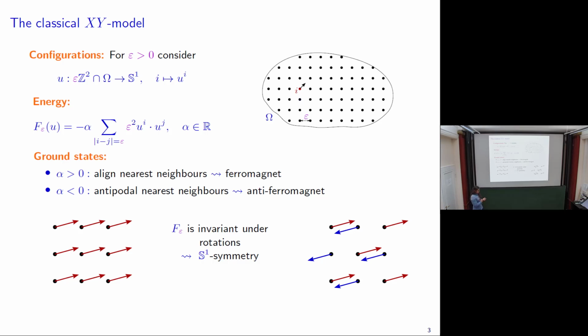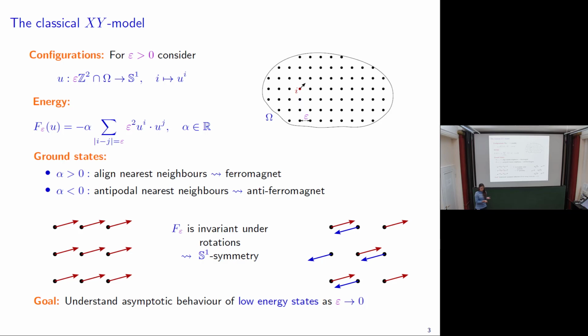But maybe you're not only interested in ground states, because maybe you want to prescribe some boundary condition on omega of Dirichlet type, or maybe just a degree condition, which prevents you from putting everywhere parallel vectors or everywhere antipodal vectors. So actually, the general goal in this framework is to understand the asymptotic behavior of so-called low energy states, and I will be a bit more precise on that in the next slide, as your lattice spacing goes to 0.